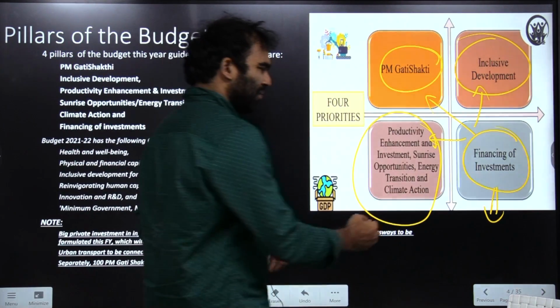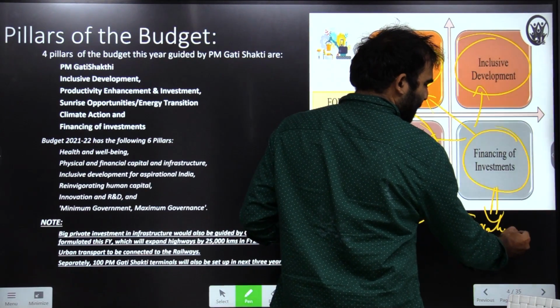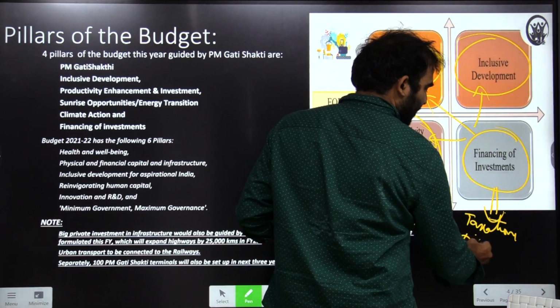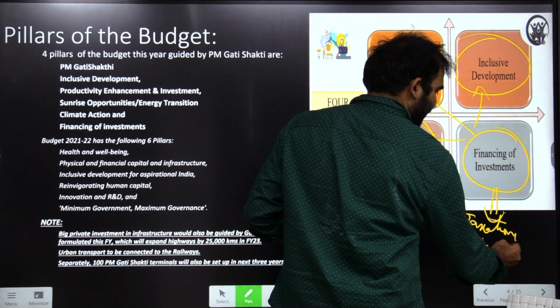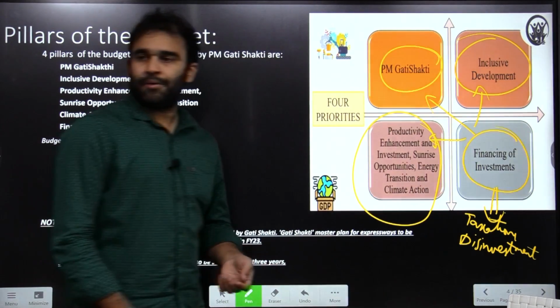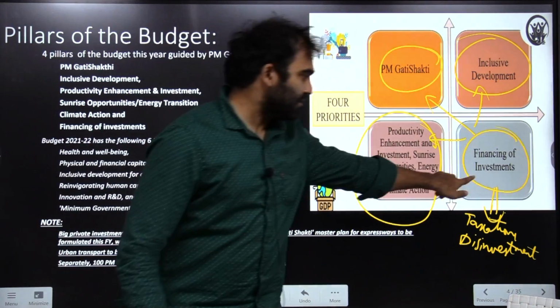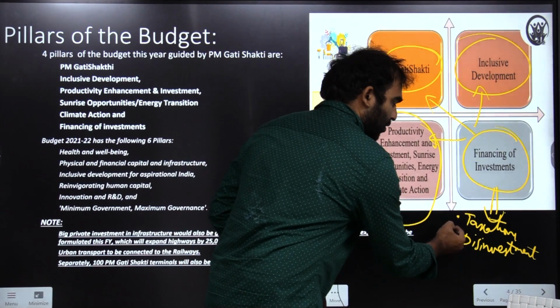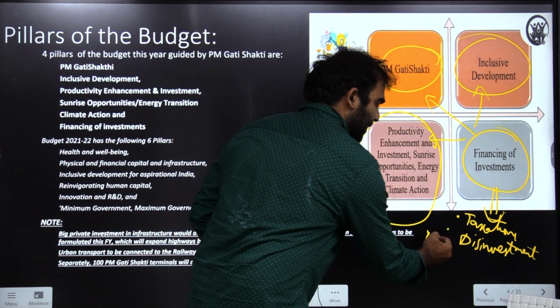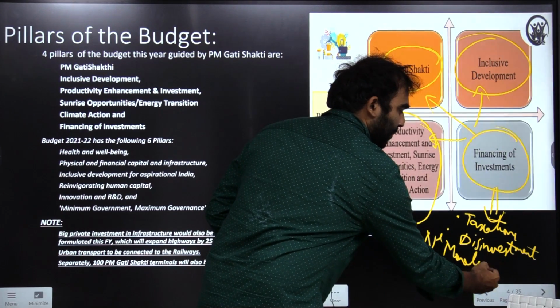In a way, what is the biggest source? This is where your taxations, disinvestments comes up. Disinvestment as a topic comes here. In fact, your government has also launched something called as National Monetization Pipeline.